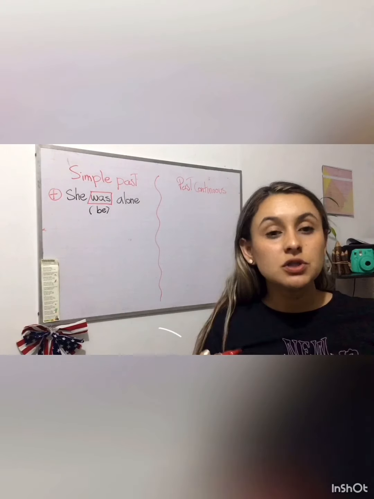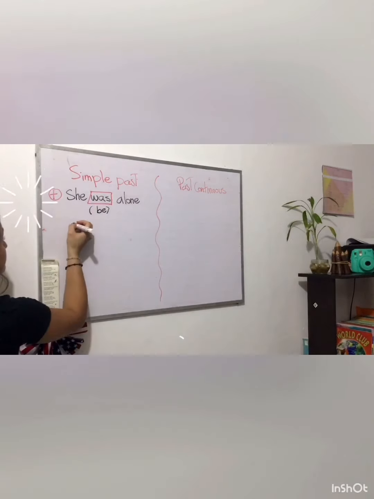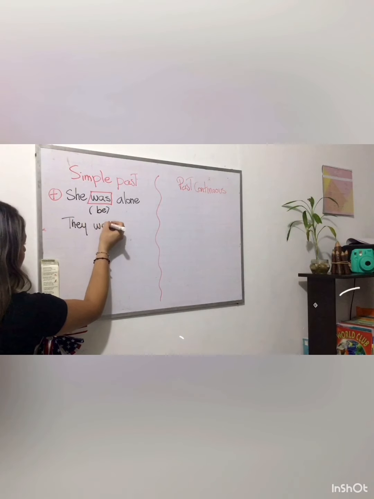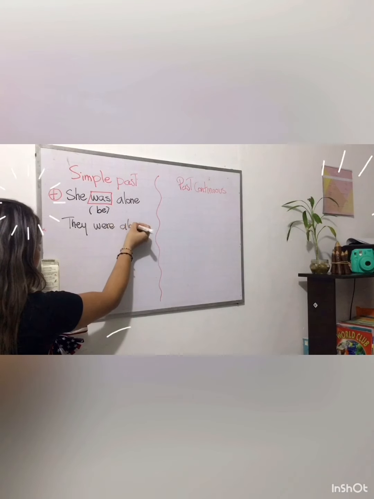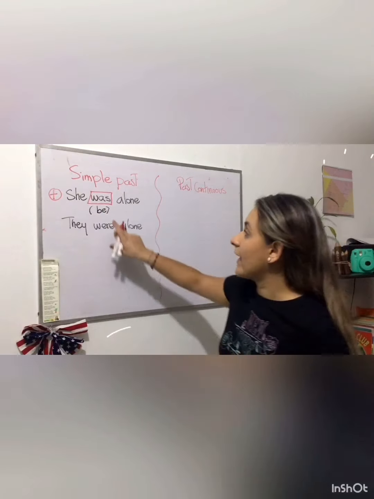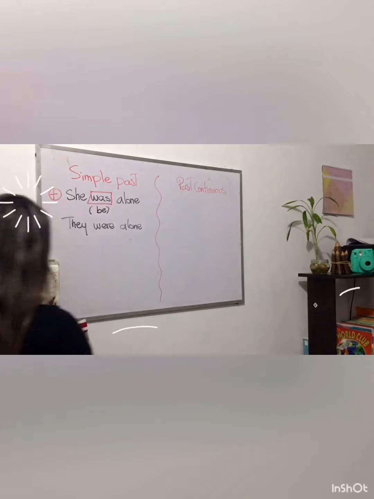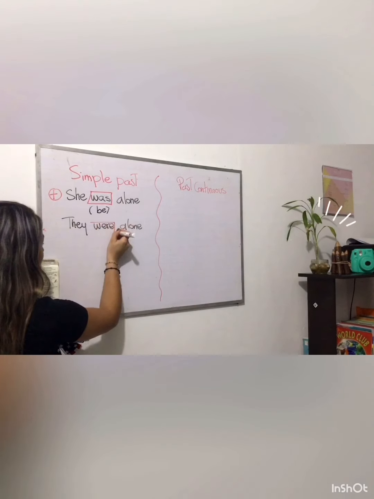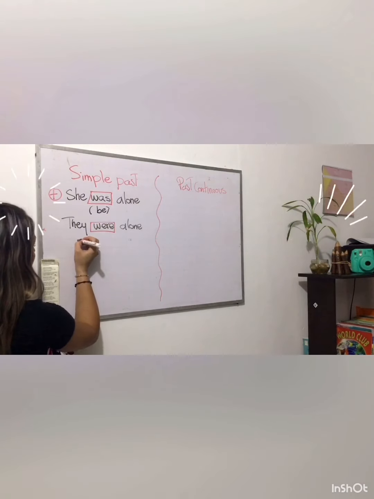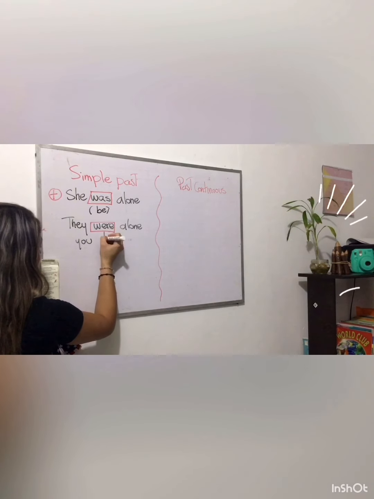Okay? If I want to talk about they or we, so we need to use they were alone. Okay? So you guys need to pay attention to the past of the verbs. Okay? So this will be for they, you, and we. Okay?